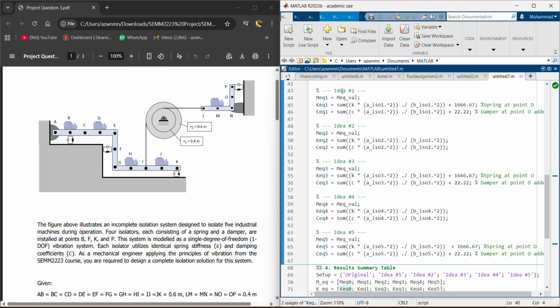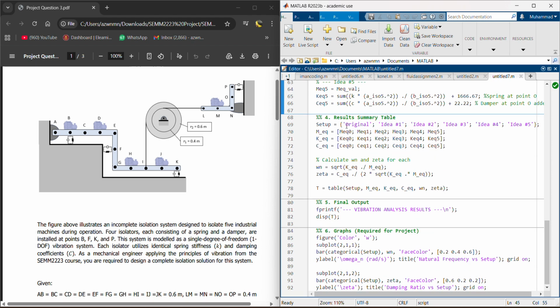The reason ideas 1, 3, and 5 have this 1.6667 is that in those ideas we have the spring or damper located at point O. So to ease my job, I calculate only this region and put it as one single value for each idea.